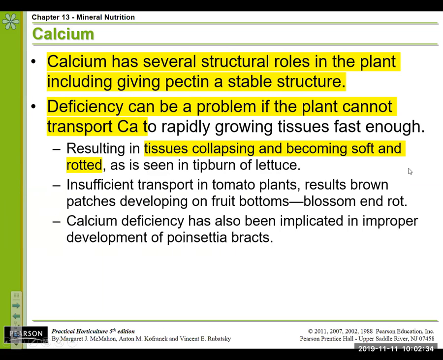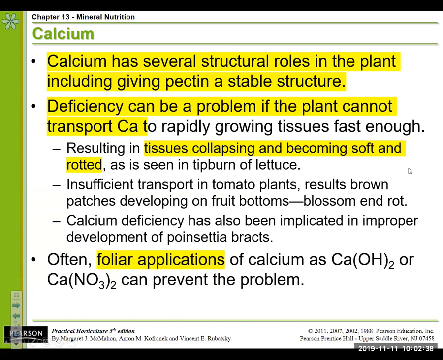So it's a physical issue, but it often looks like a disease, and many people incorrectly think that it's blight. And if you think about that, diagnosing these nutrient deficiencies is extremely important, because if we think that it's blight and we're applying a fungicide, it's not going to do anything if it's just a lack of calcium.